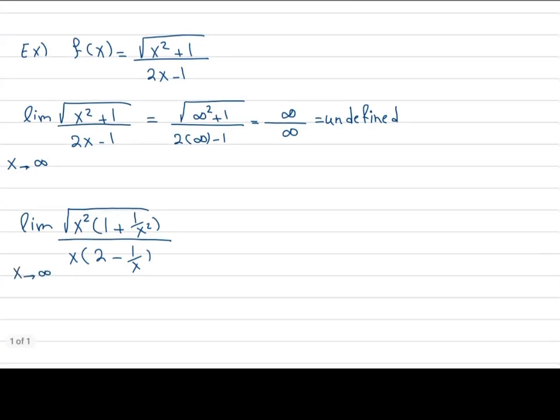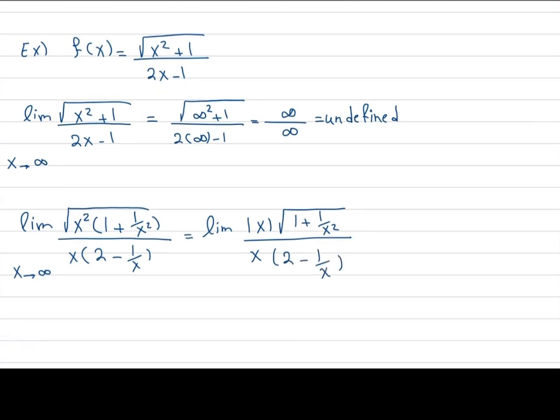Now, something to remember is anytime you have the square root of x squared, the answer is the absolute value of x. So this limit is equal to the limit of the absolute value of x, square root of 1 plus 1 over x squared, divided by x times 2 minus 1 over x as x approaches positive infinity.